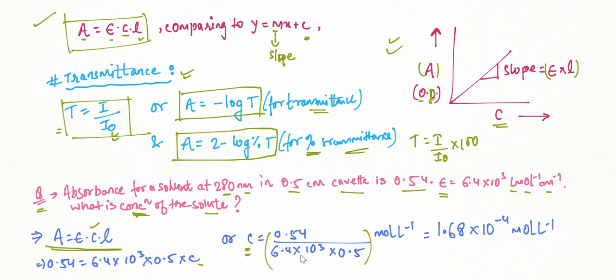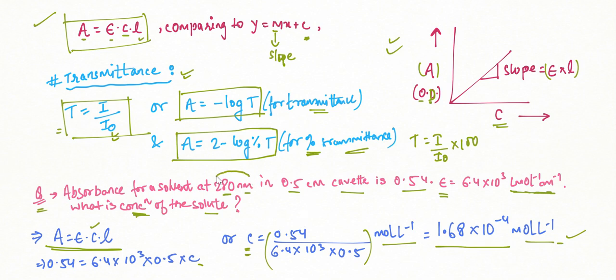Alright, and we should always try to see the units also. The unit of concentration is definitely mole per liter. By dimension analysis, you can also see what the unit of concentration can be from this formula. So after doing the calculation, we are getting this value in mole per liter. So this is our concentration which is asked.